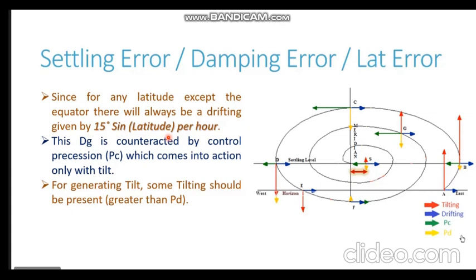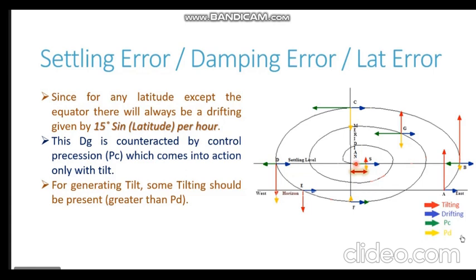Now, we have to counteract or cancel this drifting by control precession. As you can see, the drifting in this diagram is acting in the easterly direction because we are in the northern hemisphere. The drifting direction is easterly in the northern hemisphere. So we have to cancel or counteract it using the control precession.